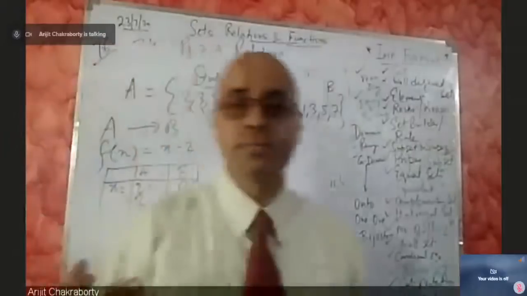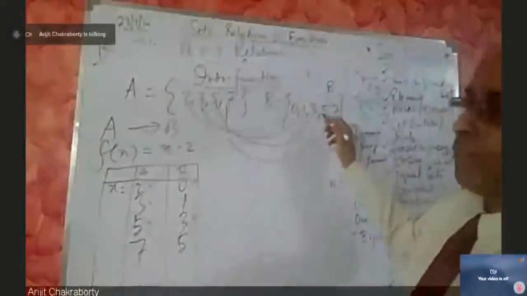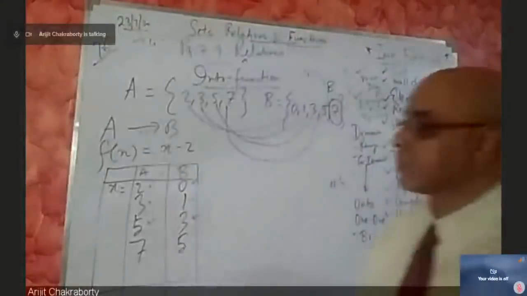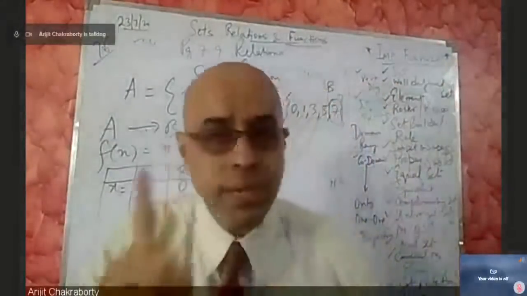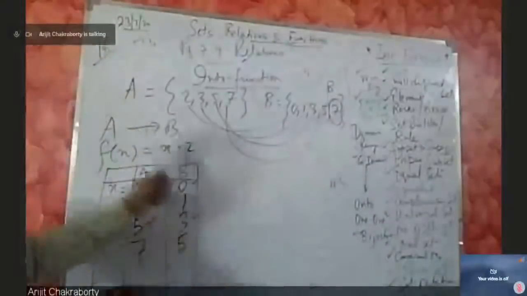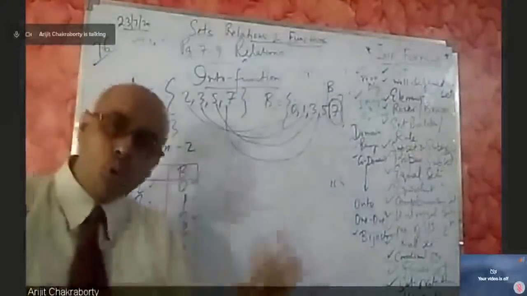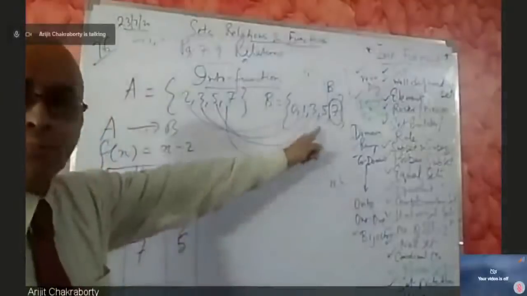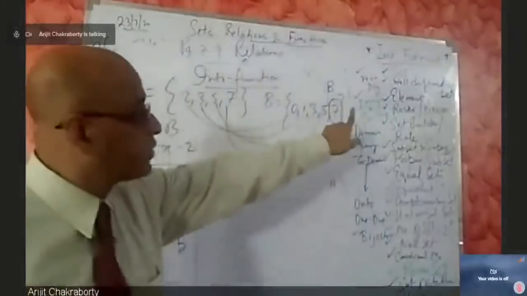But my dear students, please see that in set B, we have one more 7, which is not having any pre-image in A. There is no number in A which is linked with this 7.